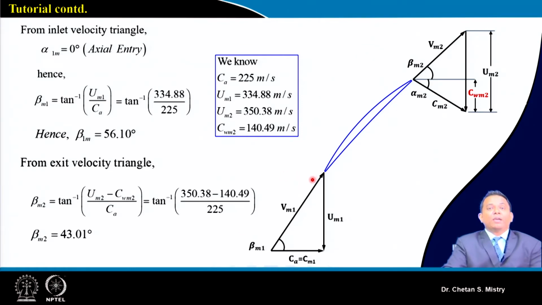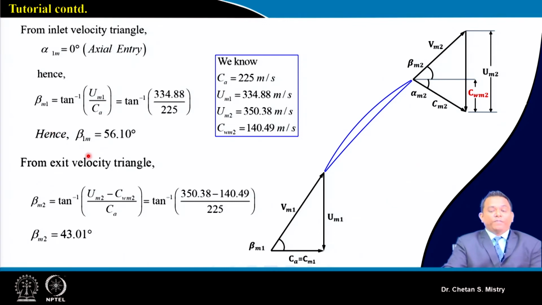At the entry, my alpha 1 is 0, because we are considering an axial entry. This U we have calculated. This will be my axial velocity triangle at the entry, and this is our exit velocity triangle.